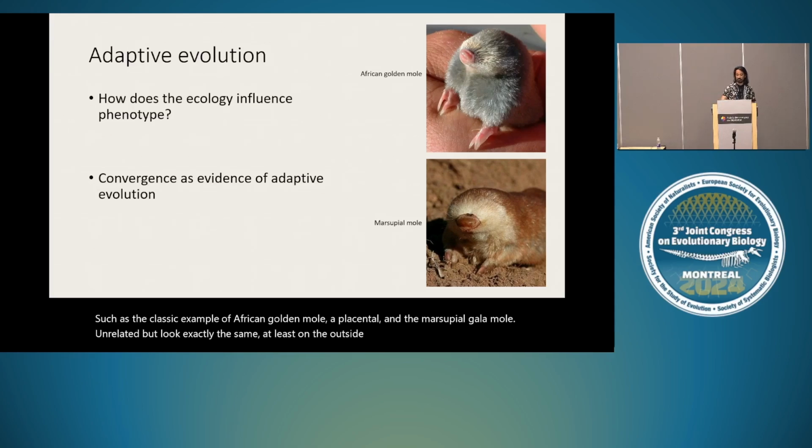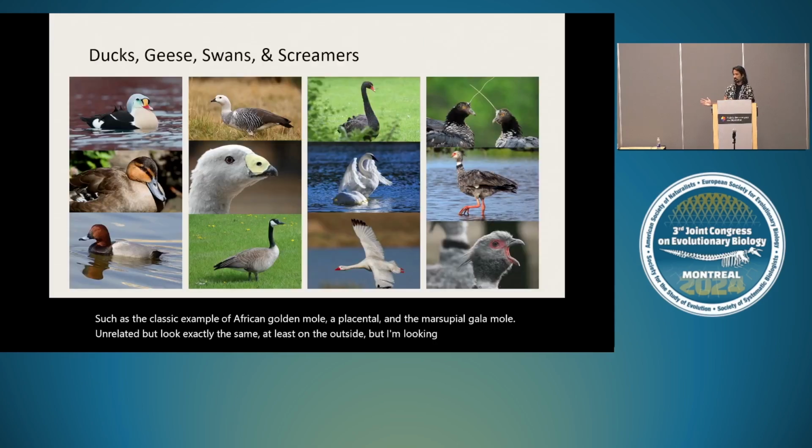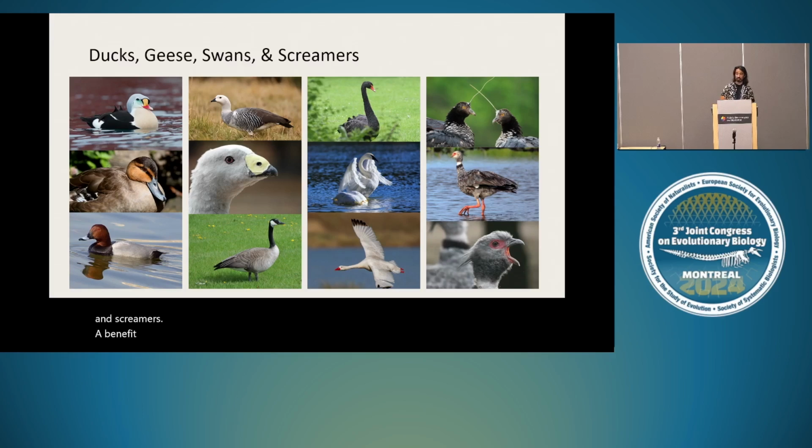But I'm looking at Anseriformes. For those who don't know what Anseriformes are, they're ducks and relatives: geese, swans, and screamers. A benefit of working on ducks is I don't really have to introduce what they are, because everyone knows what a duck is.